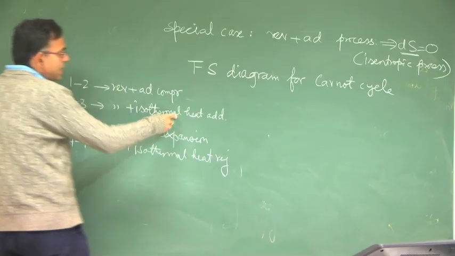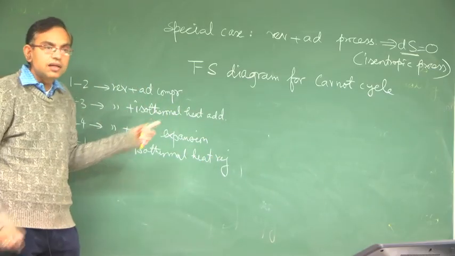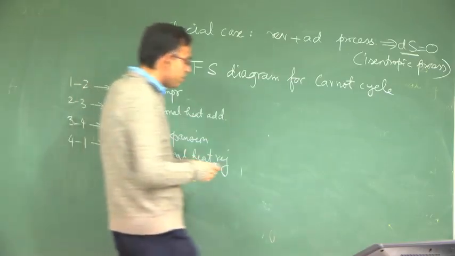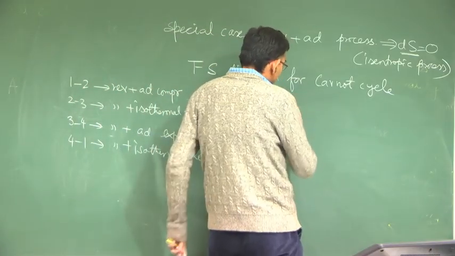Heat addition takes place at temperature TH and heat rejection takes place at temperature TL. So we will draw the TS diagram.